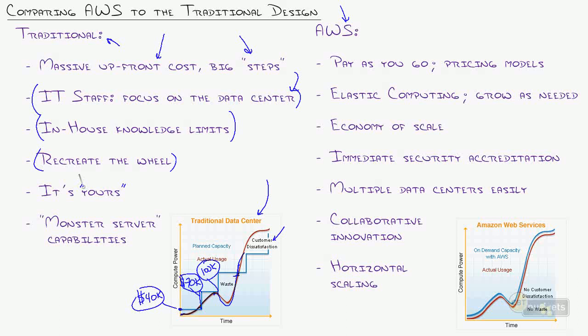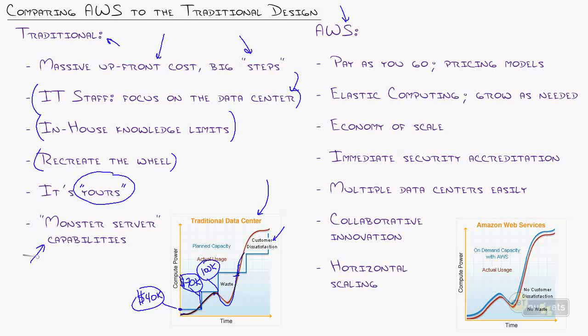I'm hoping they keep that center secure, and I'm hoping their internet connectivity stays up with the carriers that I've chosen. So when I'm saying it's yours, there's a piece of it. I bought my servers, I bought my storage, but I'm relying on other people a lot to get that to where it needs to be, to make it part of the cloud. It's not really mine, other than my own equipment that I've put in there. I'm relying on a lot of other people to make sure that it works correctly.